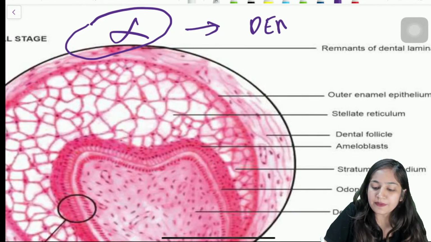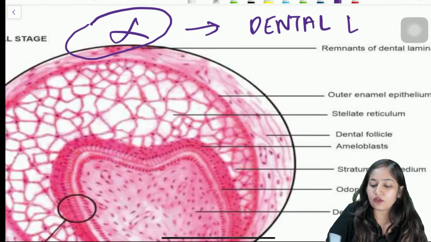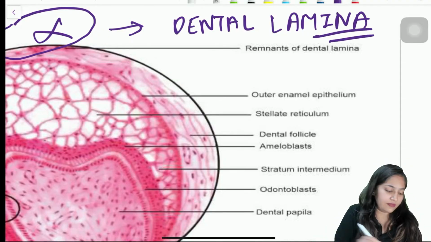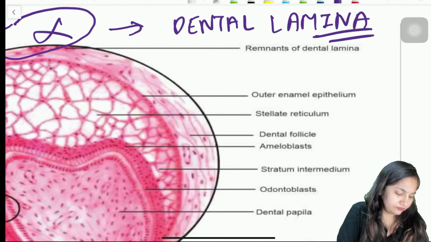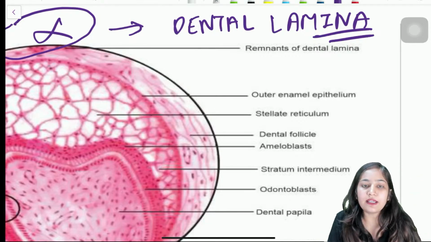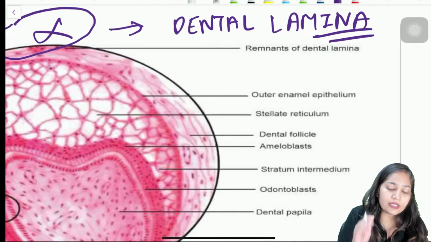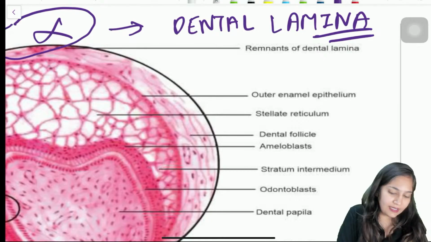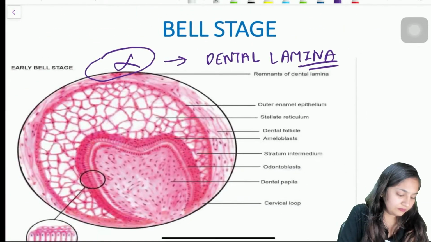Dental lamina is absent here. We have already discussed dental lamina is a transient structure, right? It is mainly a transient structure. So during the bell stage, we can see there is disintegration of dental lamina.